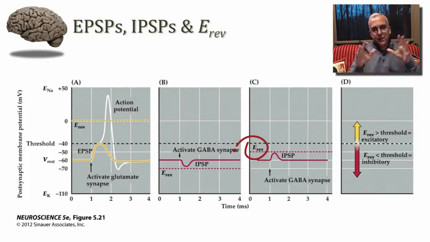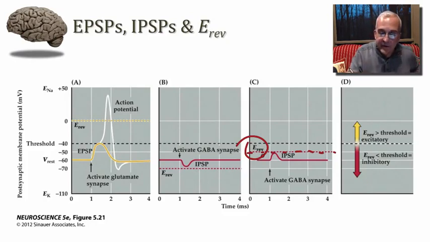So again, let me use that somewhat loose language of saying if that synapse with that particular conductance could have its way with the postsynaptic neuron, it would clamp the membrane potential at the reversal potential. No more, no less. So in theory, the most depolarized this neuron, shown in panel C, could ever possibly get with this active conductance is the reversal potential, which is below threshold.